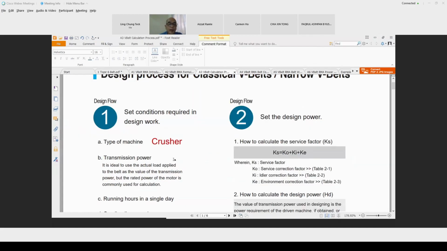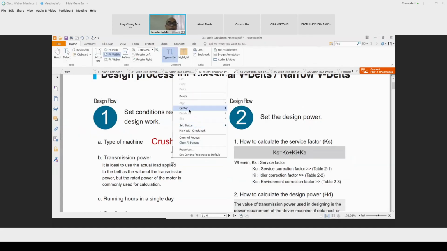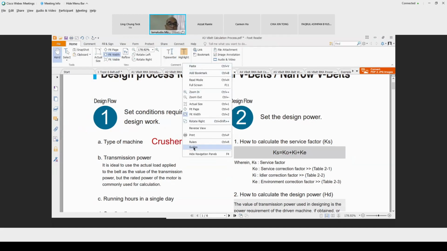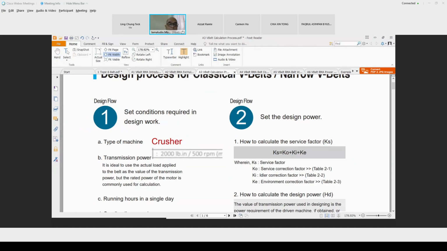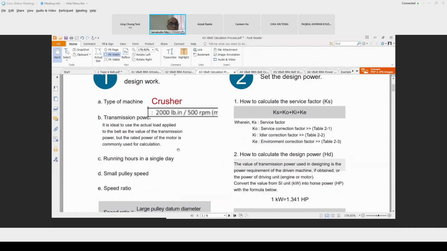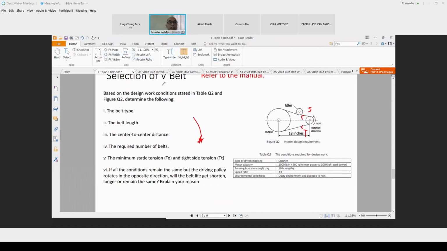I put it here, copy paste it here. Take the transmission power. The torque is going to be 2,000 pound each, and the motor RPM is going to be 500. Running hour per single day, 10 hours per day.